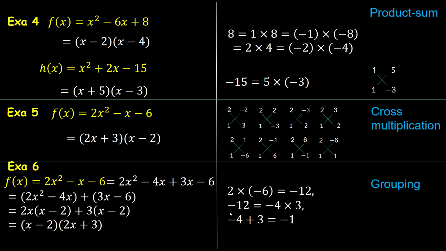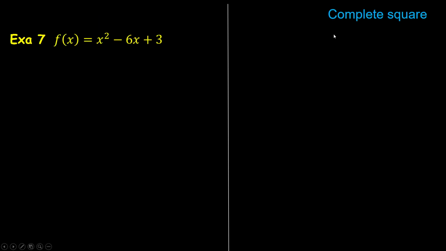For those functions, you can solve them using the so-called completing square method. This method is very powerful. It's so powerful, it solves every quadratic function. It can factorize every quadratic function, unless it cannot be factorized. And when they cannot be factorized, this method tells you why it cannot be factorized.